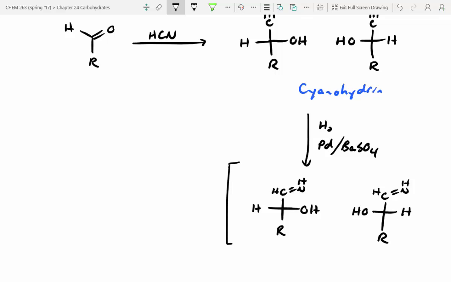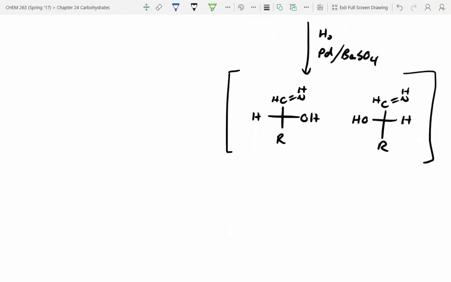What are these functional groups called? Carbon-nitrogen double bond? An imine, exactly. So we can interconvert cyanohydrins to imines. And in this case, we've got a mixture of them too, right? So in this case, would this be a diastereomer, an enantiomer, an epimer? Consider those R groups have other stereocenters on them.